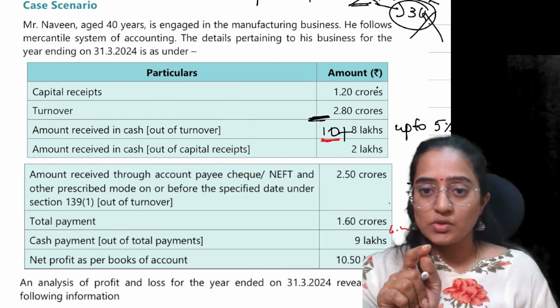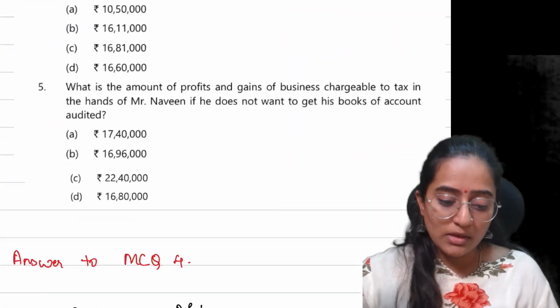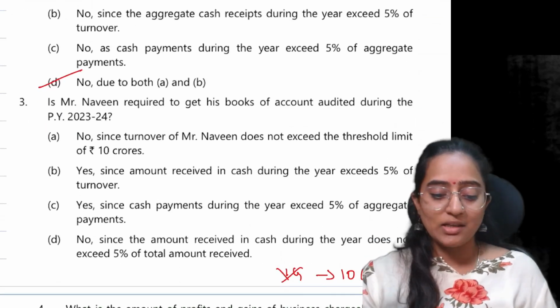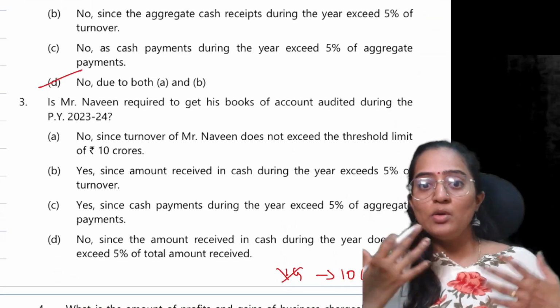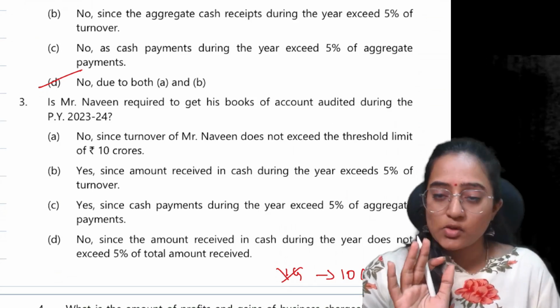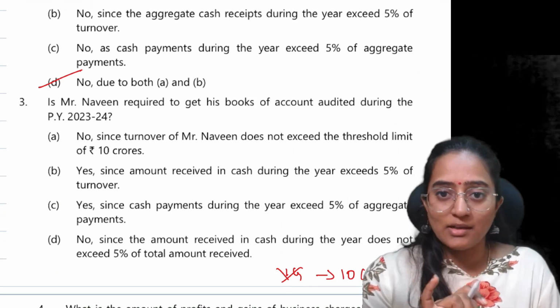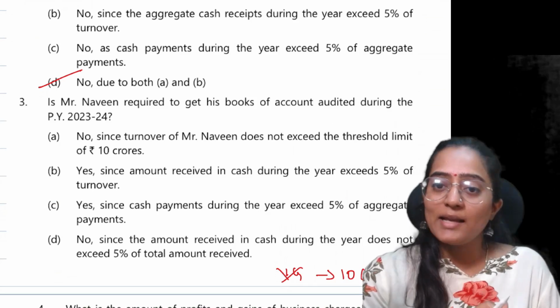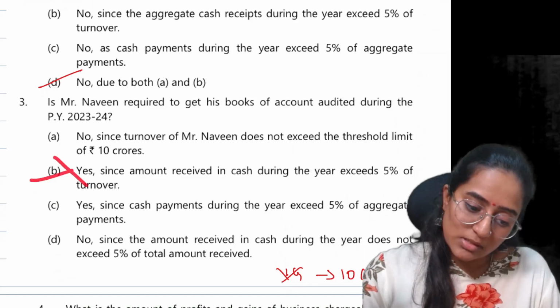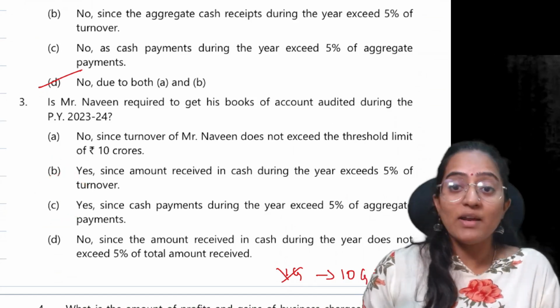So in the solution, to confuse you, what they have stated is, yes, since the amount received in cash during the year exceeds 5% of the turnover, you will be so happy. You will not get into option C only. Why? Hurry. First of all, you have to get your books of accounts audited. Yes, because your cash receipts are exceeding 5%. You'll jump and you'll tick this option. But this is not the answer. Why?